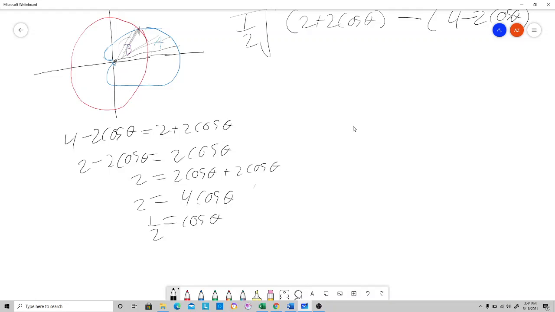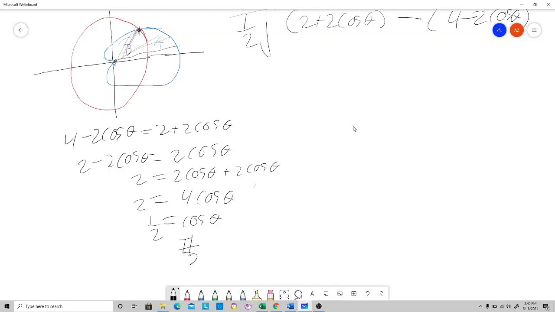And cosine theta is 1/2 at pi over 3. We could do other regions, but the way this graph is structured and where it intersects, pi over 3 makes sense.